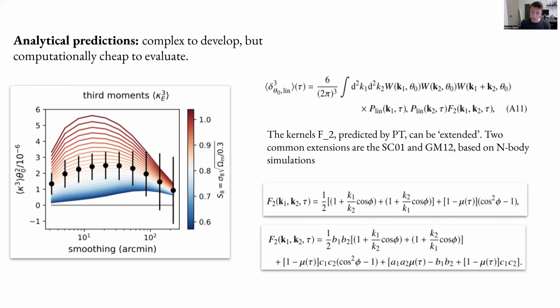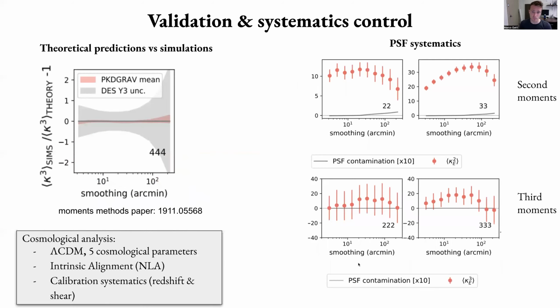You can't go to much smaller scales with this approach. And usually there is an extension. You can extend these analytical predictions to small scales. Here in the bottom you have a few coefficients, A1, A2, B1, B2, and C1, C2. Those are fitted against a suite of N-body simulations and allow you to extend this formalism to very small scales. And this is what I use for my moments analysis.